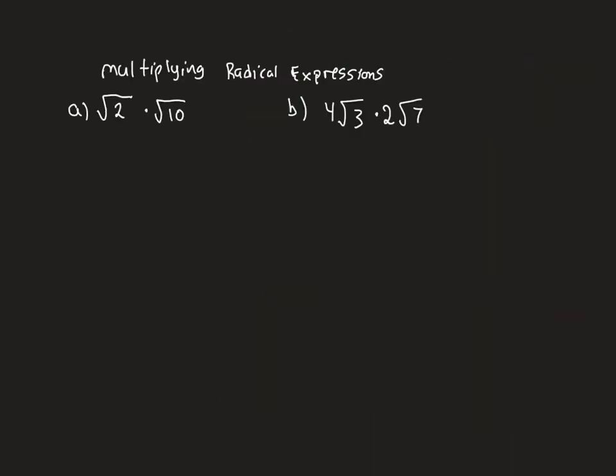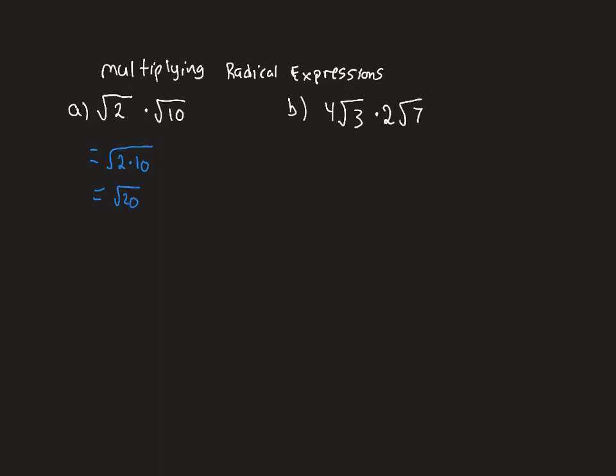The next thing we'll tackle when it comes to radical expressions is what happens when we are multiplying them. Now, when you multiply radical expressions, they work the same way as any other kind of multiplication. You would then put the multiplication inside, so this would be the same thing as saying square root of 2 times 10, which is the square root of 20.